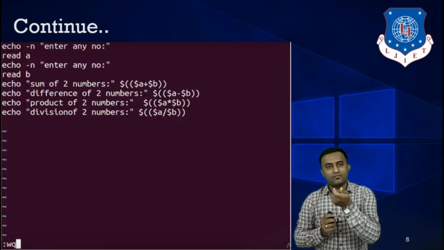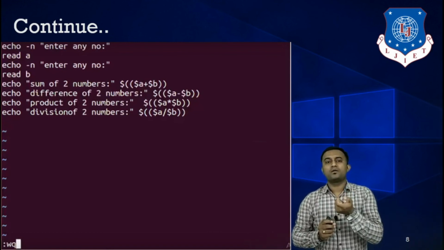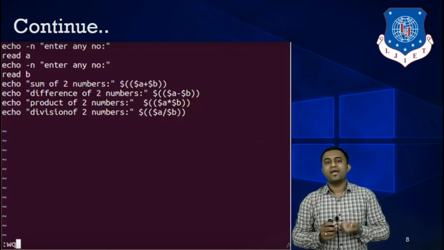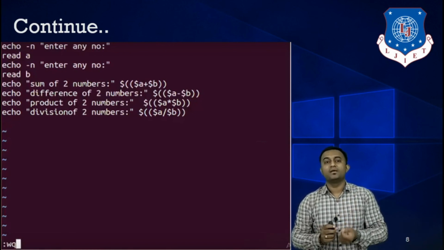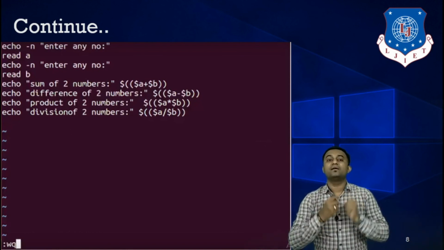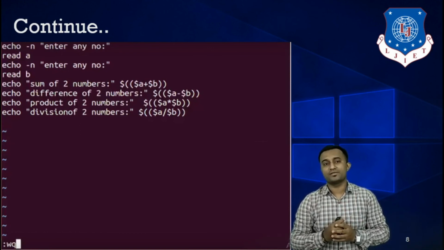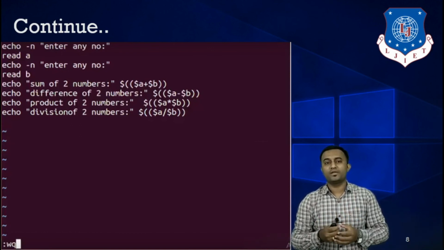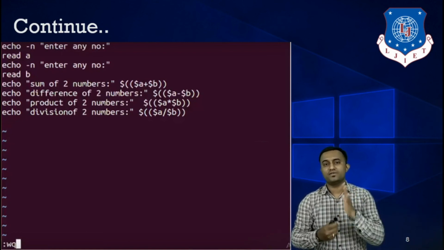Here I have written a dollar sign, and then two parentheses, and within those two parentheses I have mentioned $A plus $B, enclosed in a single parenthesis, and that is enclosed within another parenthesis, and at the outermost side I have written the dollar symbol. The same phenomenon I have used in the case of subtraction, multiplication, and division.